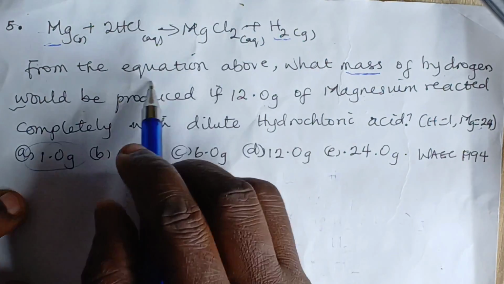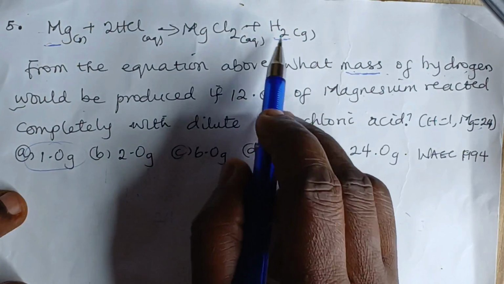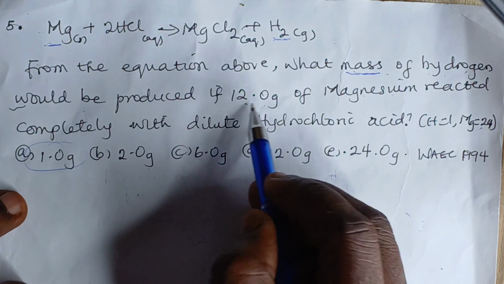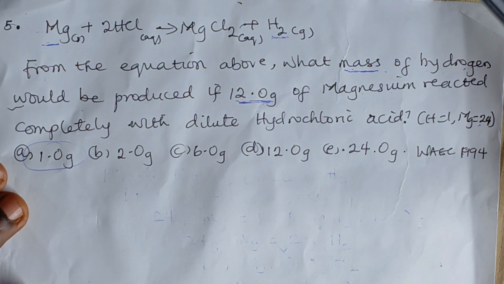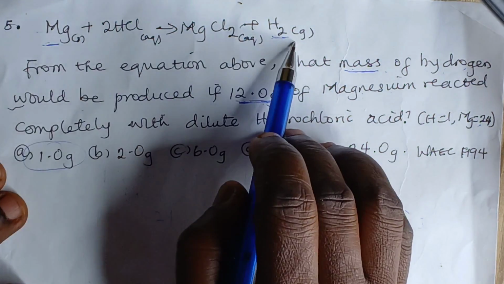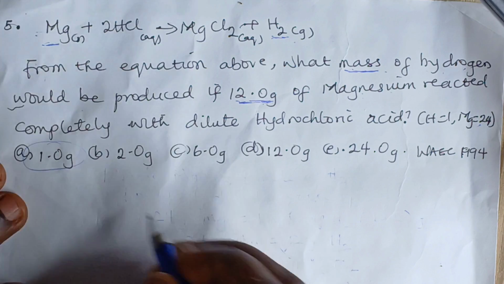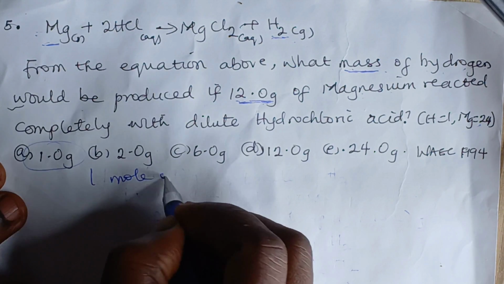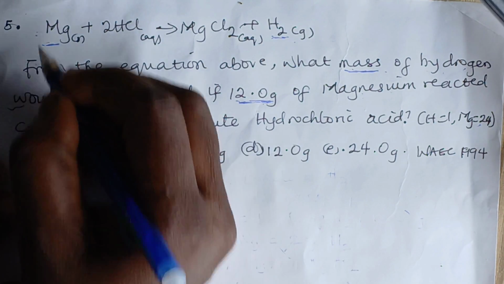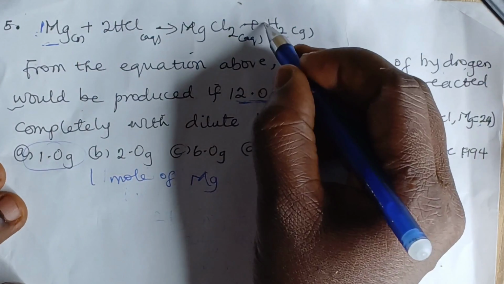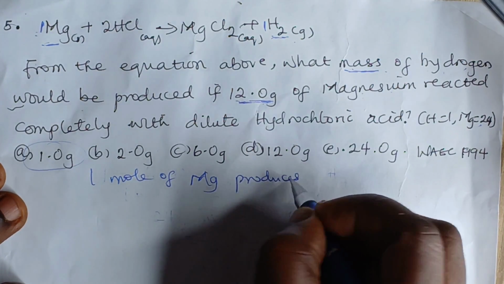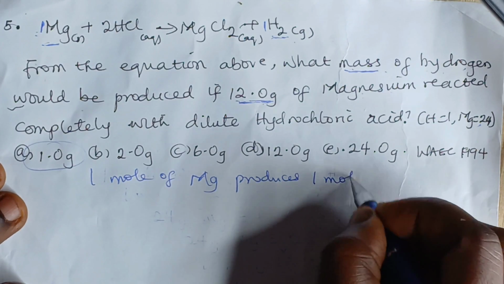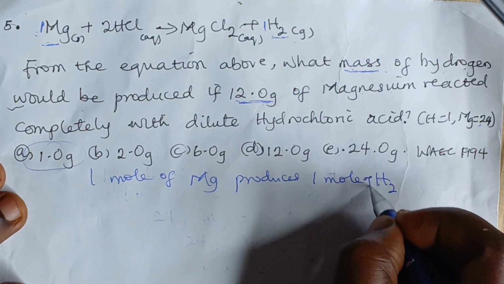Mass. What mass of hydrogen? That's mass of hydrogen, and also mass of magnesium, because this is in gram. But we don't have this in the equation in form of mass. We have it in form of mole. So from this equation, 1 mole of magnesium produces 1 mole of hydrogen.